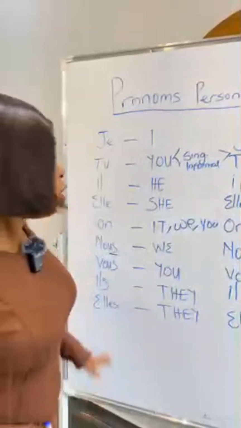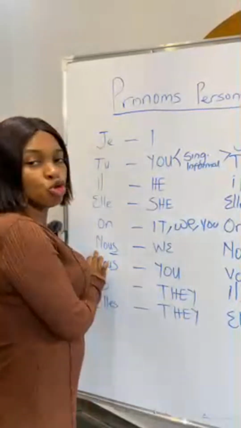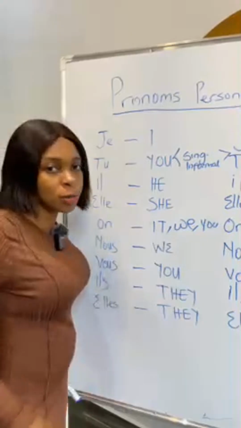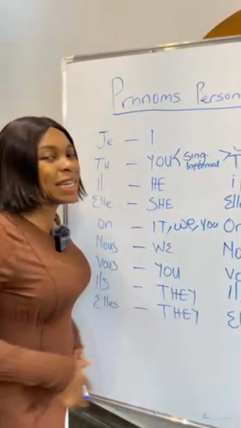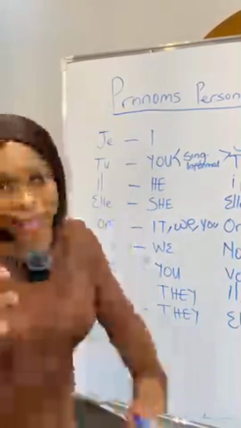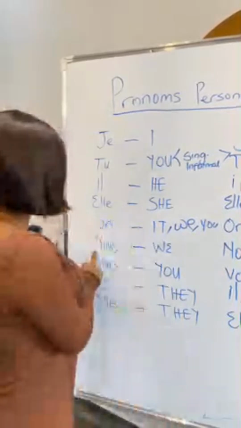So that's why it's pronounced nous. This S is just here, but it's not pronounced. So nous meaning we, like you and me, yeah, we. That is what we mean by nous.